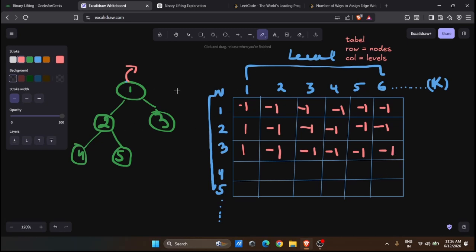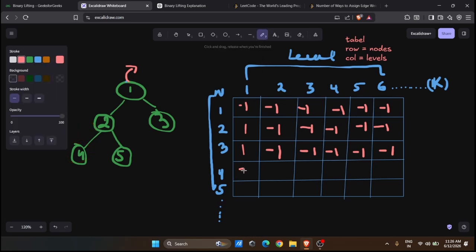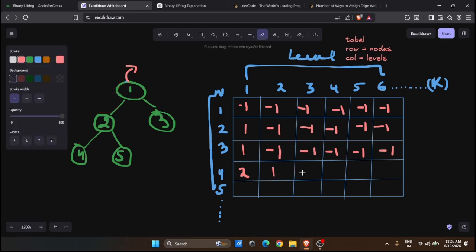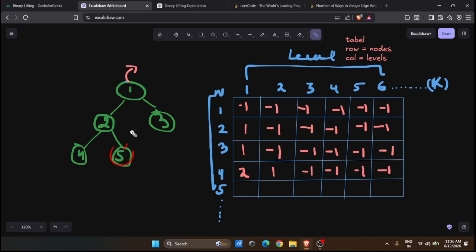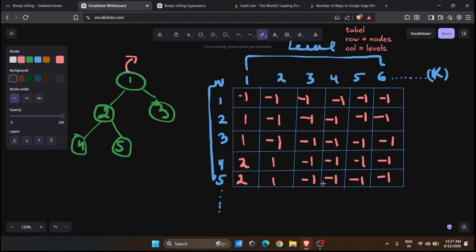For 4, level 1 is 2, sorry, and for level 2 it's 1, and the remaining are -1. Same goes for 5. Level 1 parent is 2 and level 2 parent is 1, and the rest are -1. Yeah, that's the way of solving the question. This is one way we can solve it.